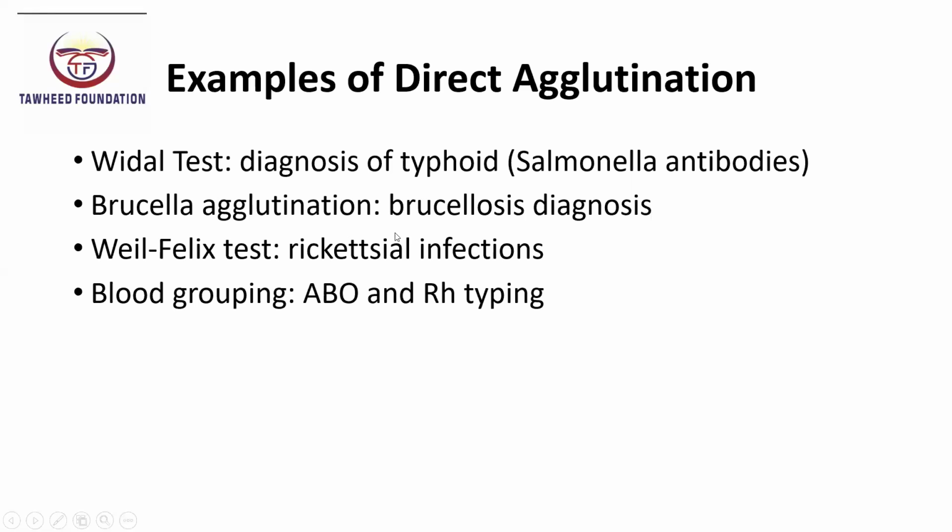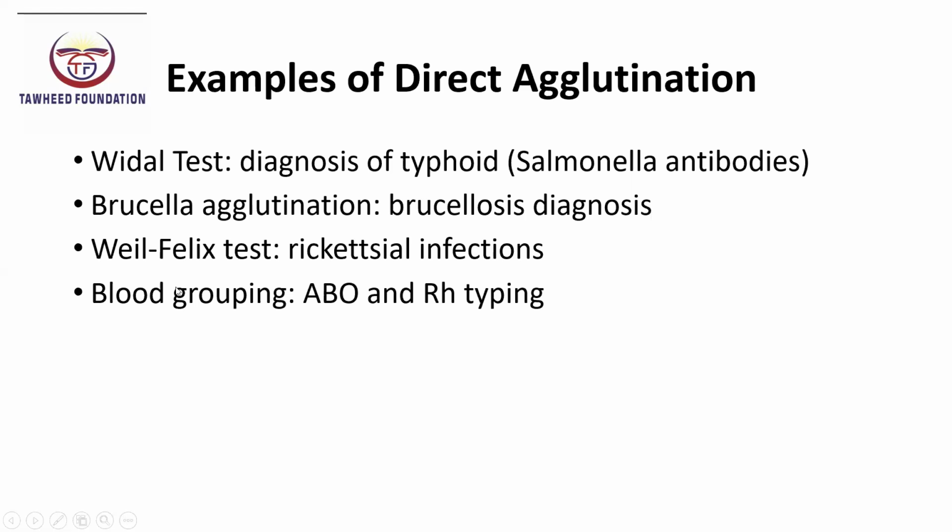The Brucella agglutination test helps confirm brucellosis infection by detecting antibodies in patient serum. The Weil-Felix test identifies rickettsial infections by demonstrating agglutination between patient serum and Proteus strains sharing cross-reacting antigens.